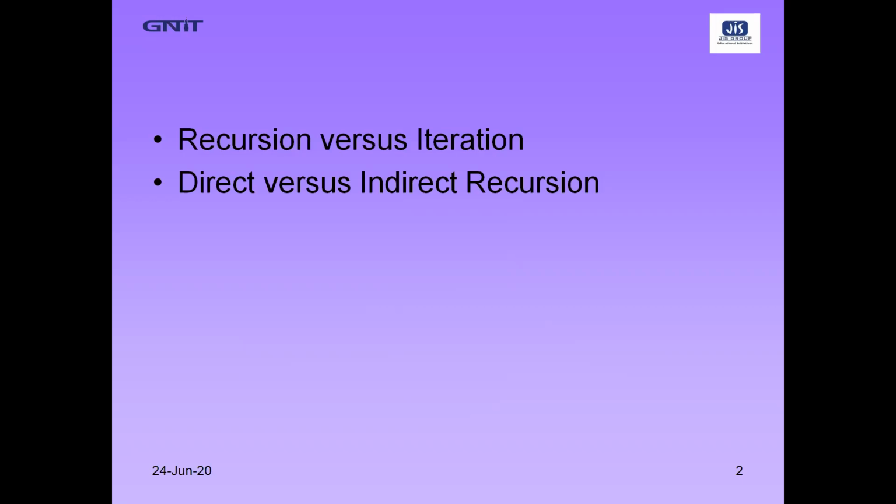Then we define function 2, and inside function 2, after some lines, it calls function 1 again, and after some lines we close the definition block of function 2. So this is an example of indirect recursion, right?